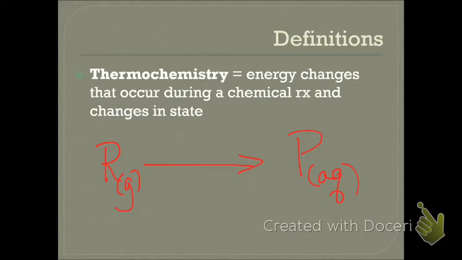For instance, I could have two gases. I could have nitrogen, which is a gas, plus hydrogen, which is a gas. And they could create NH3, which is ammonia.